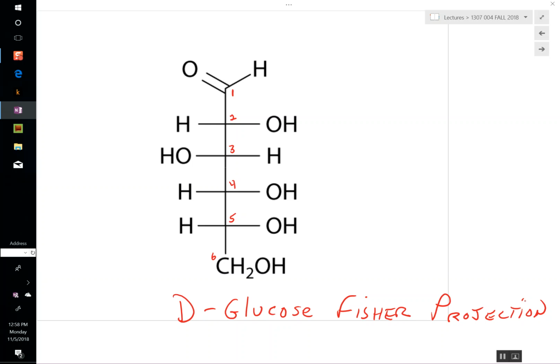Why have I done that? Because this is the comparable carbon on D-glyceraldehyde. This one. So even though that's carbon number 5 in glucose, it's the chiral carbon in glyceraldehyde. I'd have to watch some YouTube videos to see what other people say, to be really honest about it.